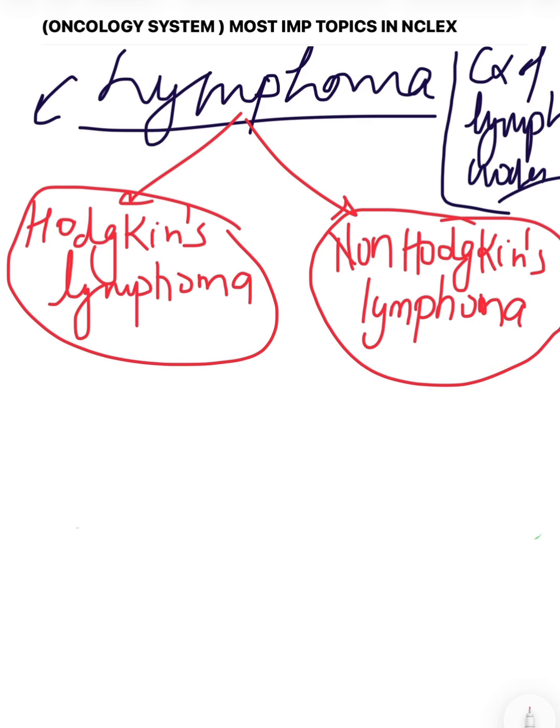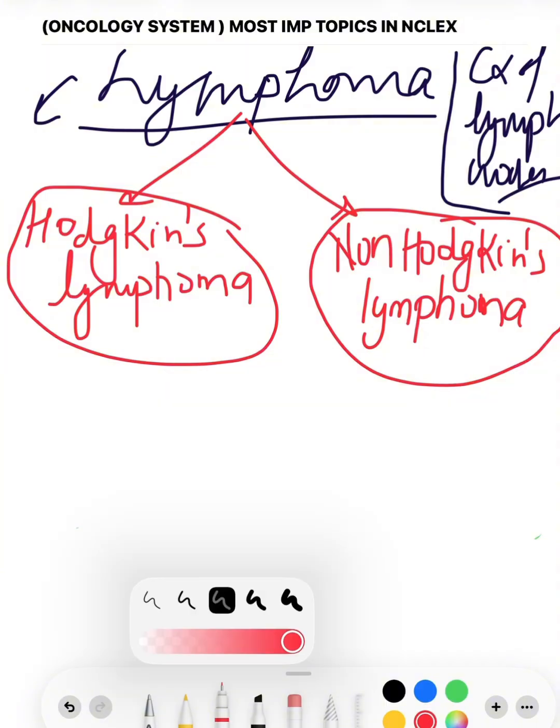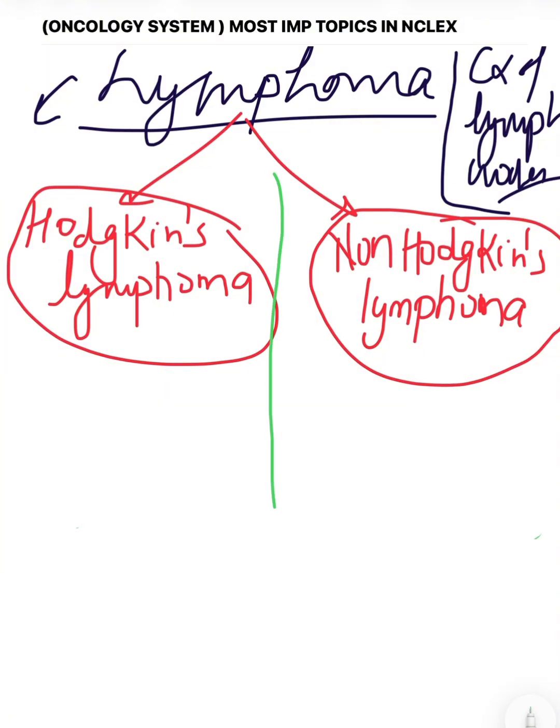In Hodgkin lymphoma, the first point is that it occurs in early age.